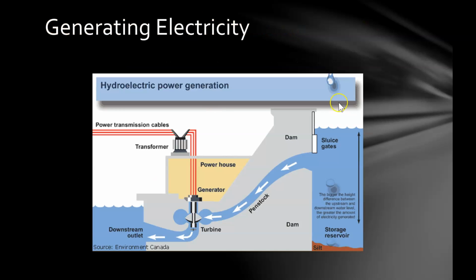Okay, so this is a diagram of hydroelectric power generation. By creating this dam, you're increasing the height. There's a height difference between the upstream and the downstream water level.